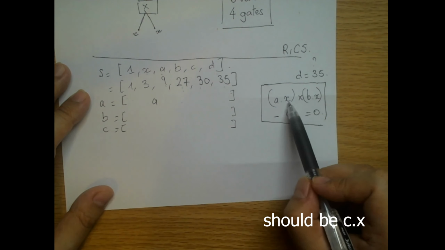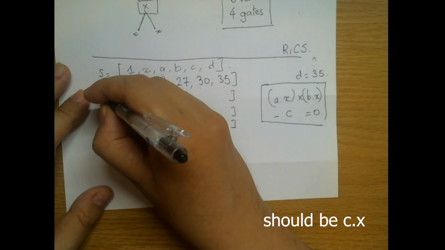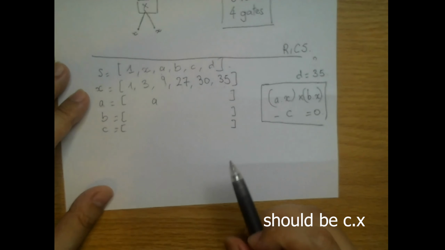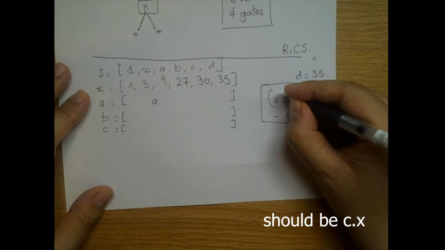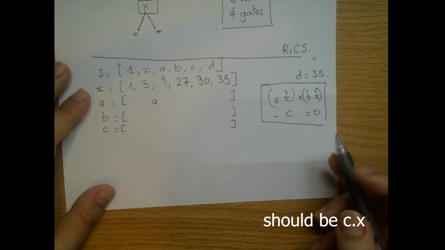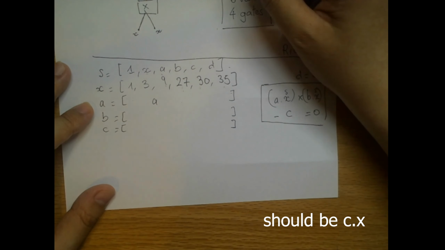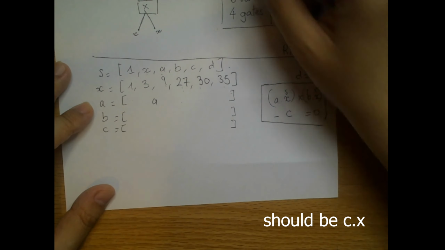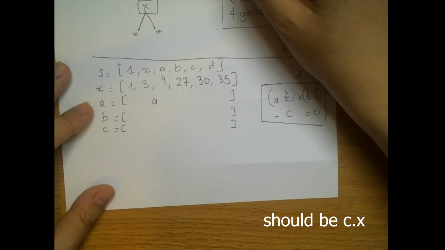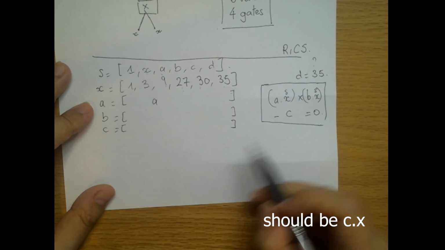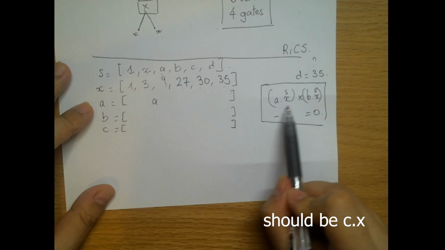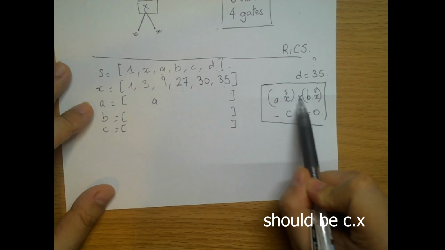The X here is your solution, so it's really S. Let's say that the first relation we want is X times X. I recognize that there's already a product here.